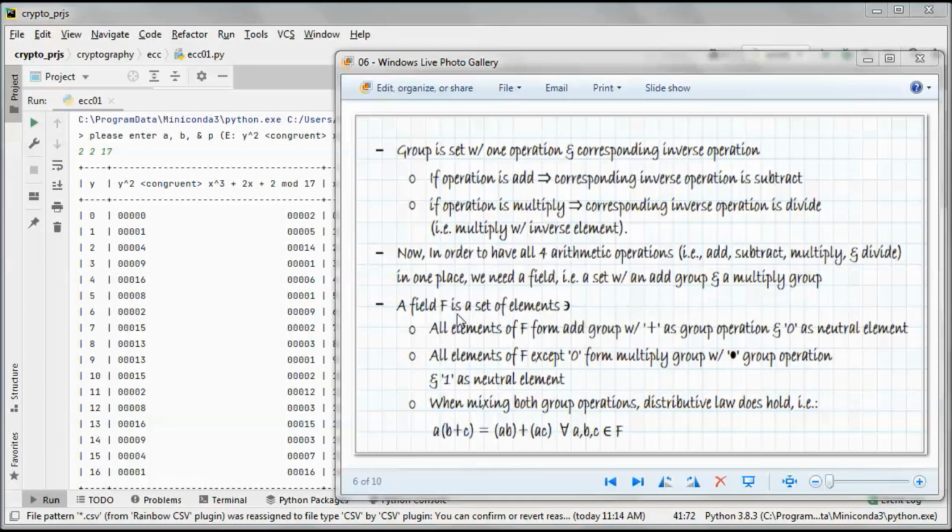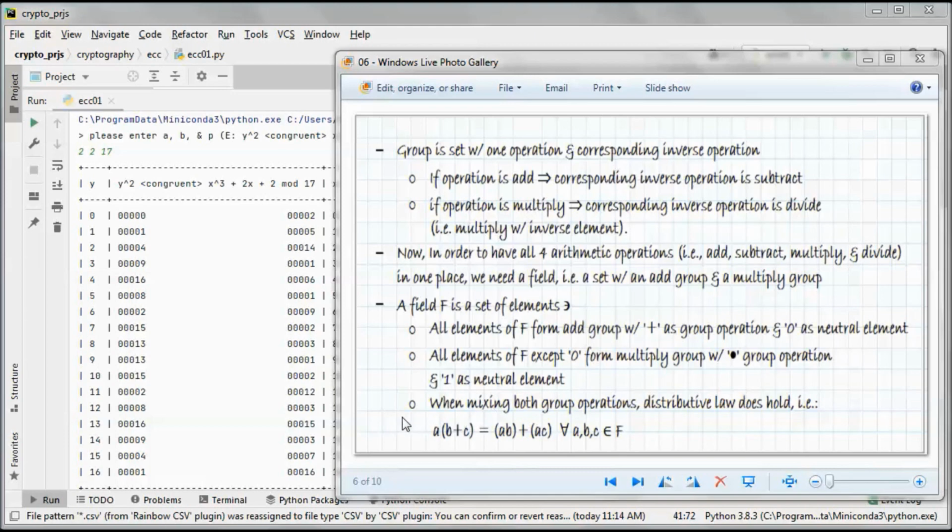So a field F is a set of elements such that all elements of F form an addition group with plus as the group operation and 0 as a neutral element, and all elements of F except 0 form a multiplication group with this as a group operation and 1 as the neutral element.